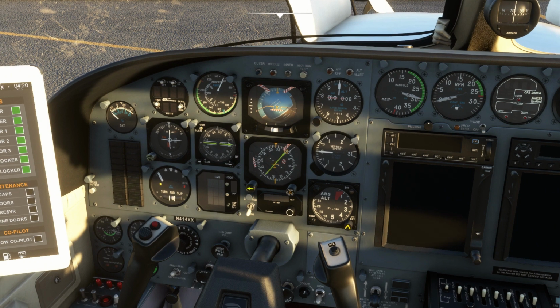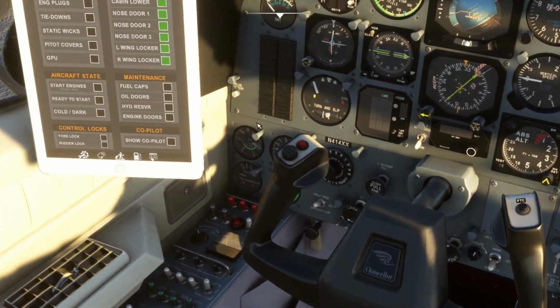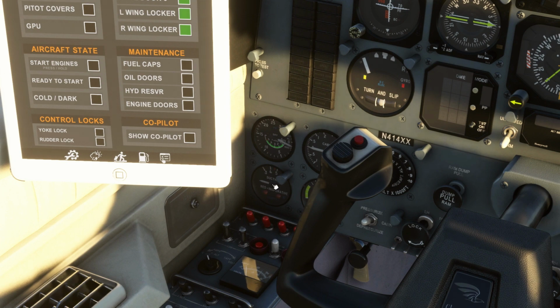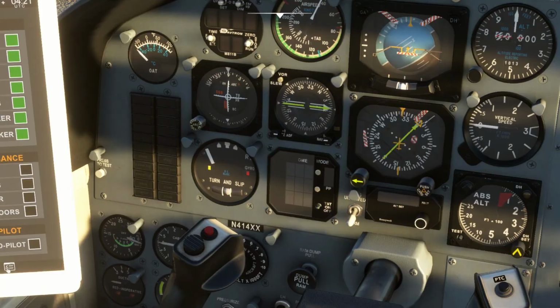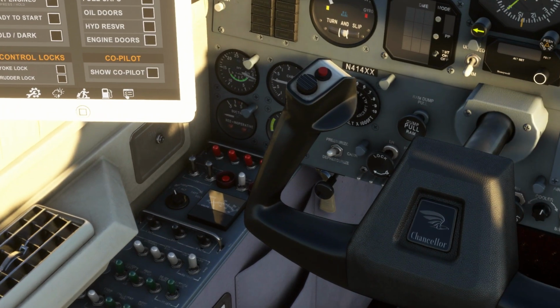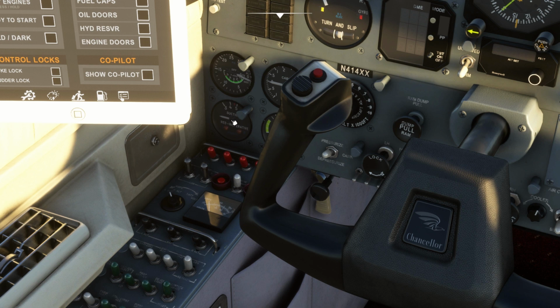So those are the fuel valves. You've got the suction here, the system that operates the gyros. Basically any system that needs a gyro is operated by the suction system, which is energized by the engine pumps.